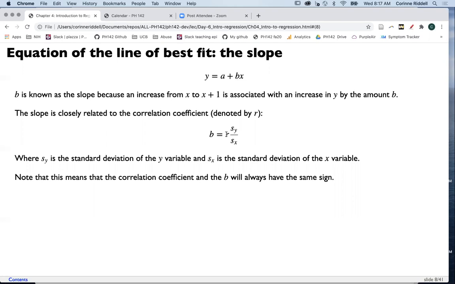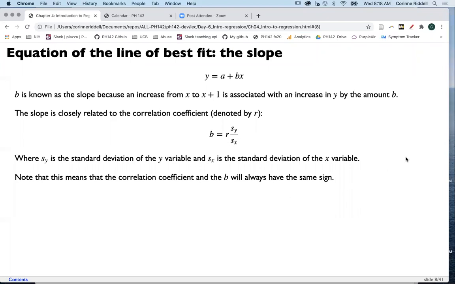And if you had a number closer to +1, it's a strong positive relationship. And an R close to 0 is a really weak relationship or no relationship. So the relationship between the slope and the correlation coefficient is this, where S sub Y represents the standard deviation of the Y variable, and S sub X is the standard deviation of the X variable.